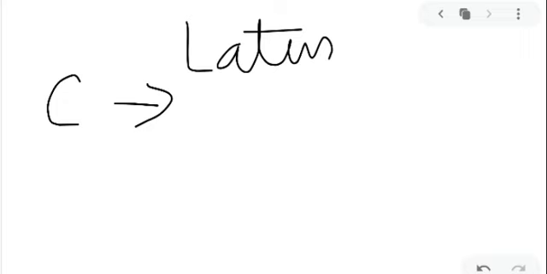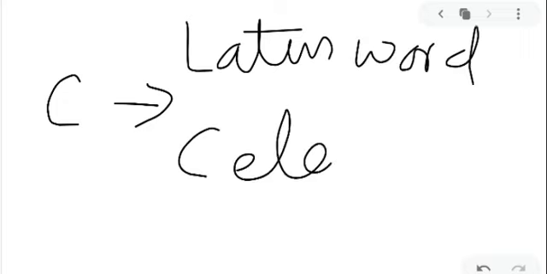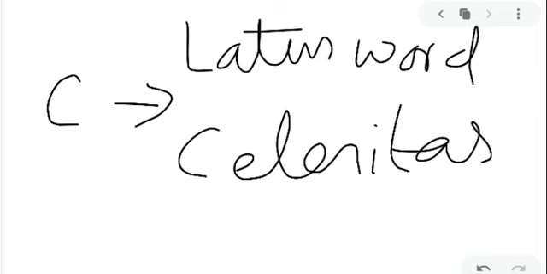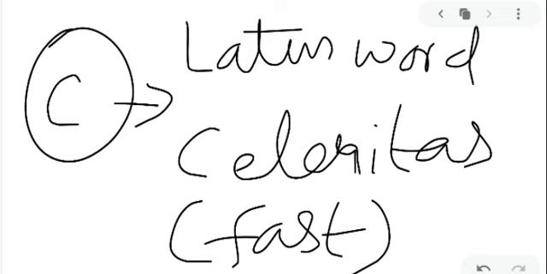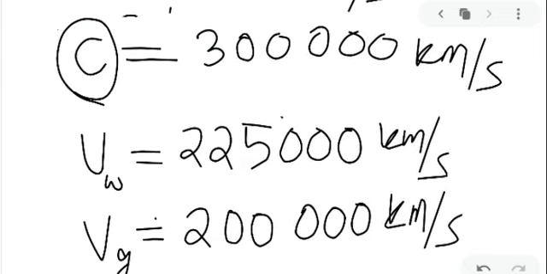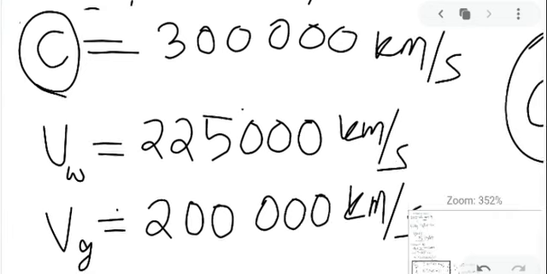C stands for a Latin word called celeritas, which means swift or fast. So that's why C is in particular used to refer to the speed of light in vacuum.